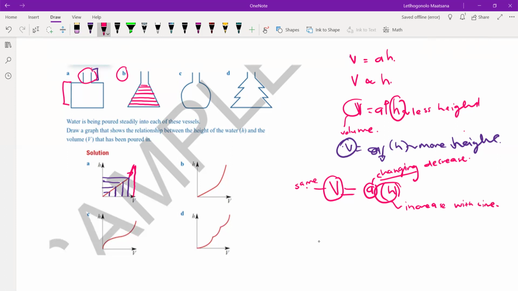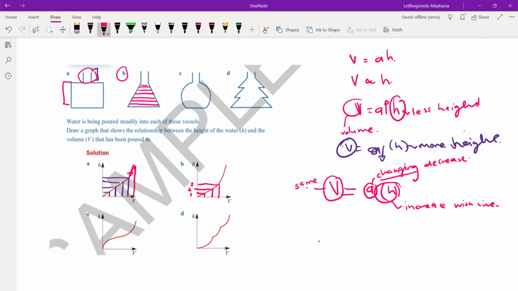And that is why we see a curve that is increasing, but the rate at which it's increasing is also increasing. So at first, we would cover a height of, let's say, just 1 meter, but with the same amount of volume, we would then cover 2 meters instead of 1. Then for the same amount of volume, we would cover 3 meters instead of 2.